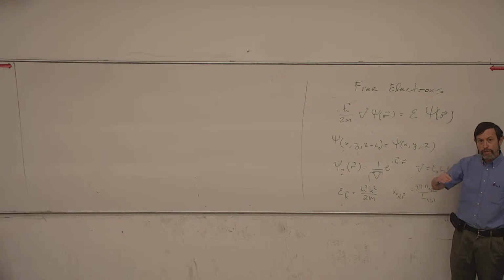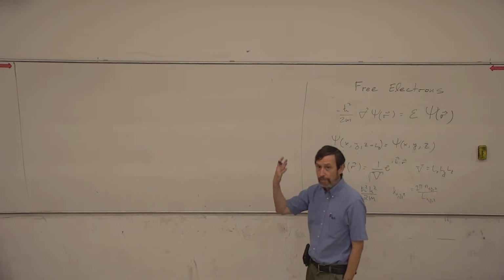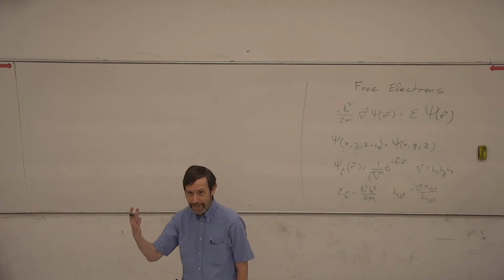Right? So if I'm looking at low energies, I will always have NZ equals 0 and whatever in NX and NY, because to change NZ will cost me a huge amount of energy.